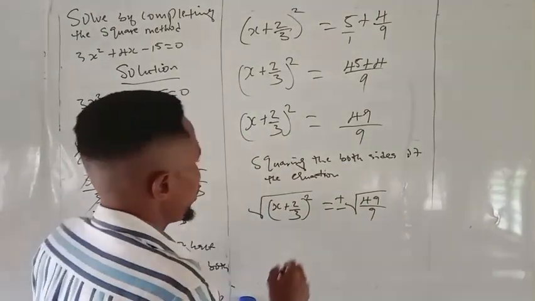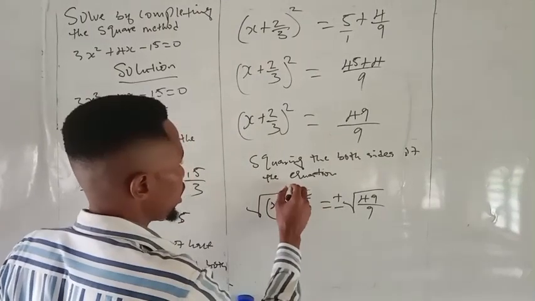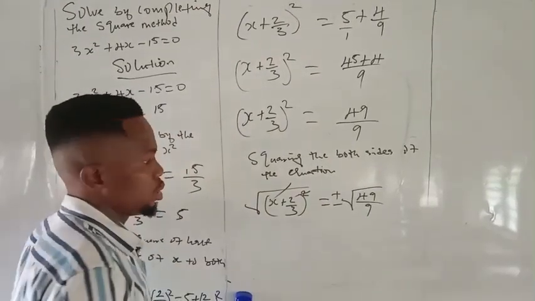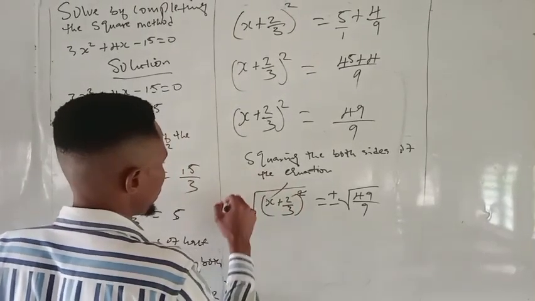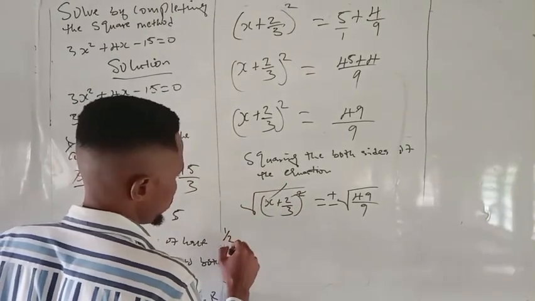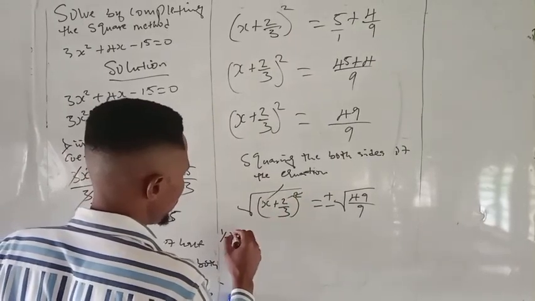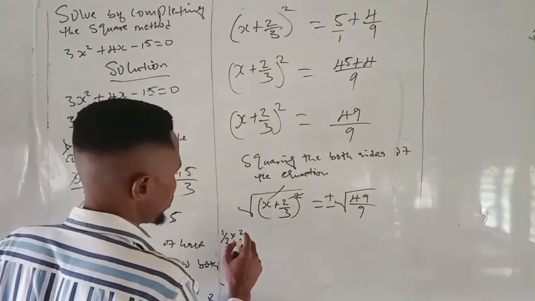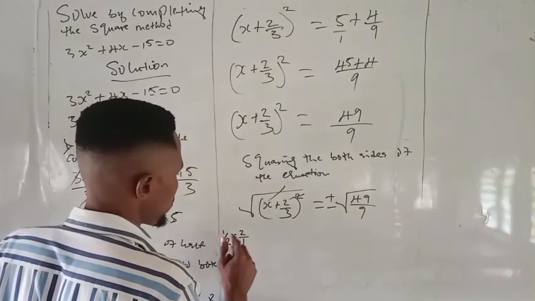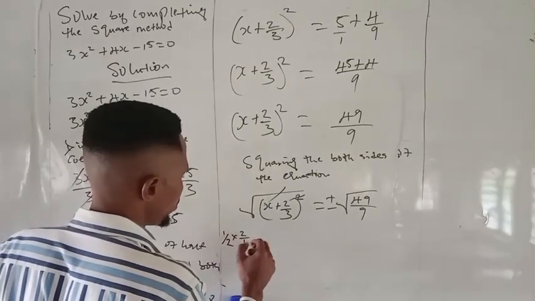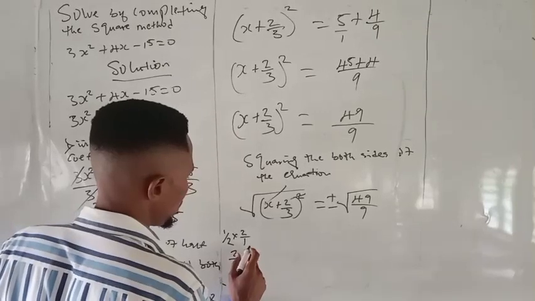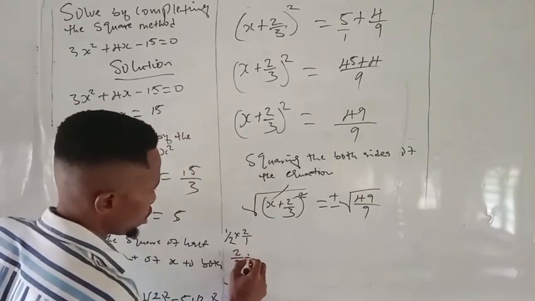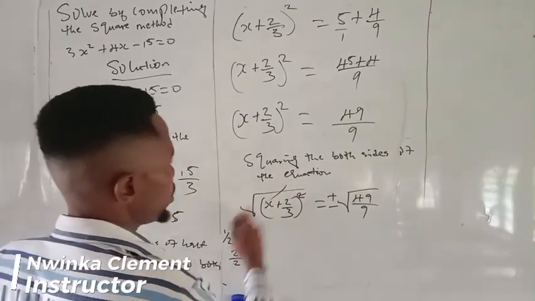Alright, so at this point, this square and this root will go. This is the same thing as 1 all over 2. And then this 2 is assumed to be all over 1. So 2 times 1, 1 times 2 gives you 2, all over 2. So 2 over 2 is 1. On that note, this will go.